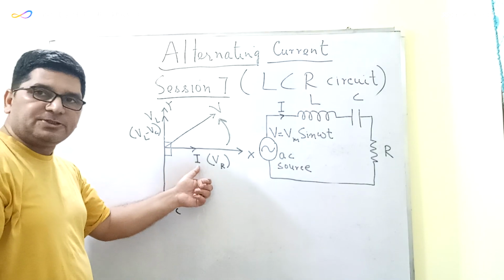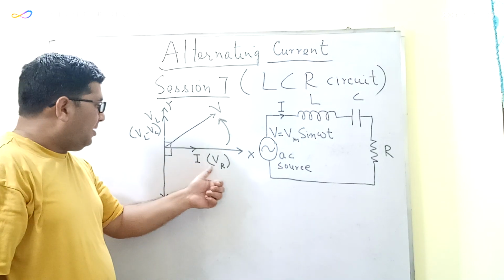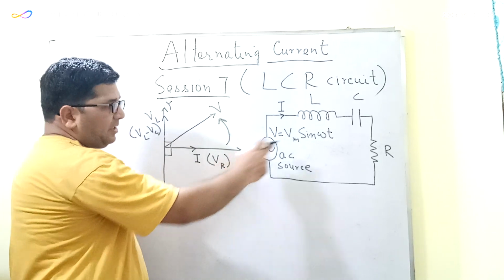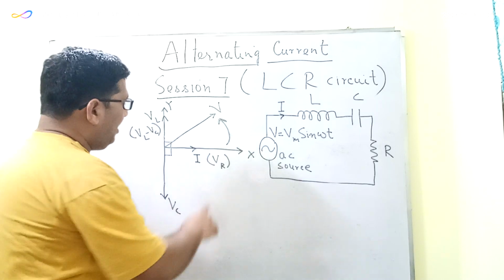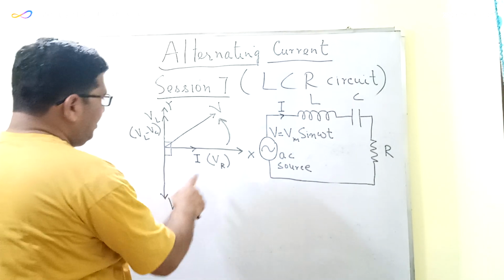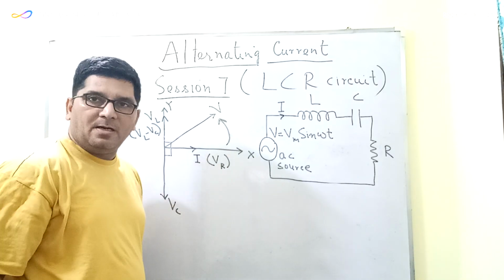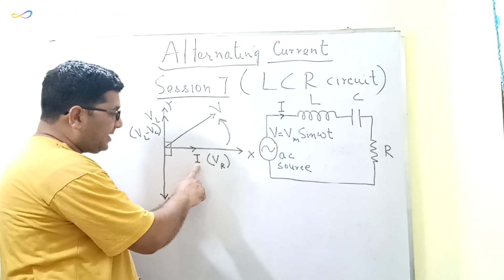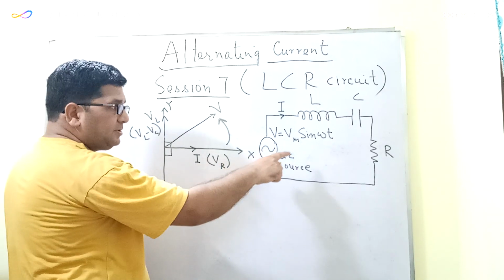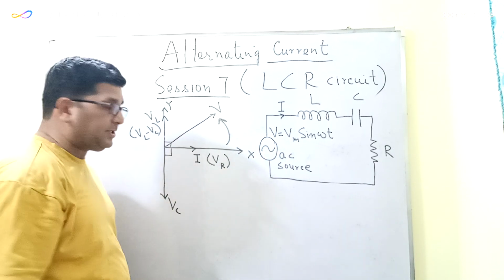This I is the reference phasor, and this VR is the potential difference across the resistor R, and since both I and VR are in phase, the current and the potential difference across the resistor will be along the x-axis.